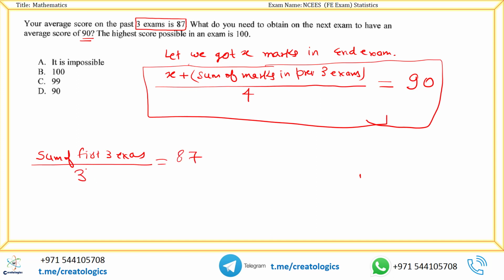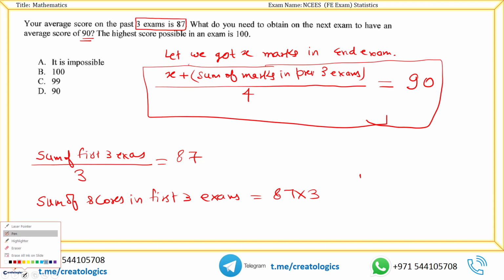So what is the sum of scores of the first three exams? That will be, yes, 87 times 3. So the sum of scores in the first three exams is equal to 87 times 3. So use that value and plug it back into the above expression here.